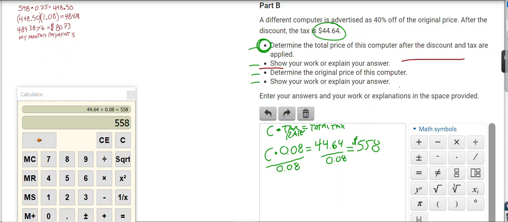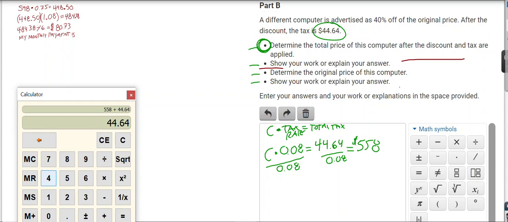So what am I going to do with 558, Brooklyn? Oh, add the tax. So the tax is $44.64. Oh my goodness gracious. Okay, so 558 plus 44.64.